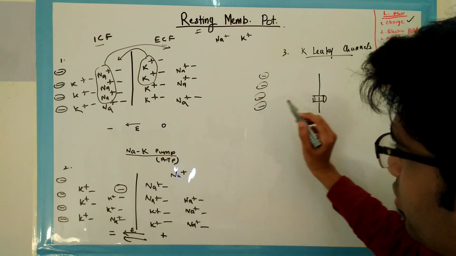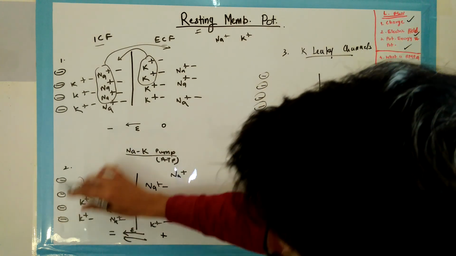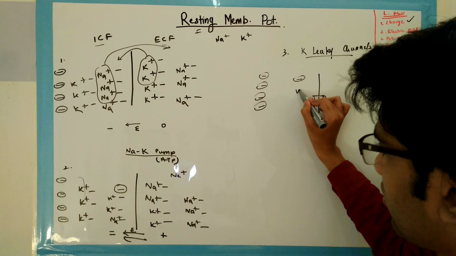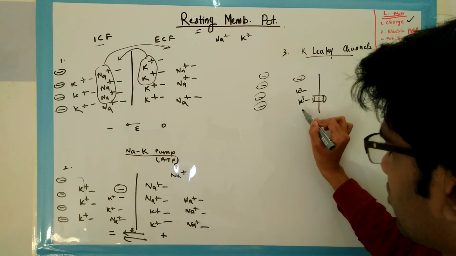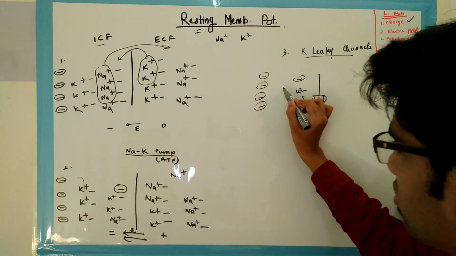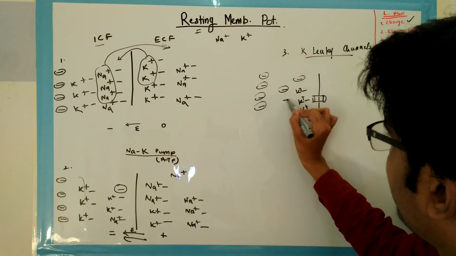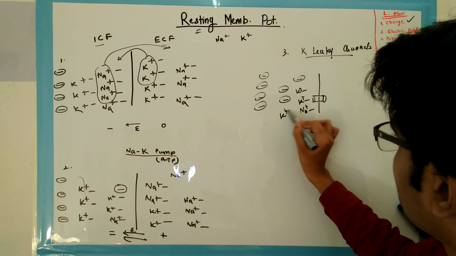These were our negative proteins. Suppose these will move out. So we have more extra negative ions.